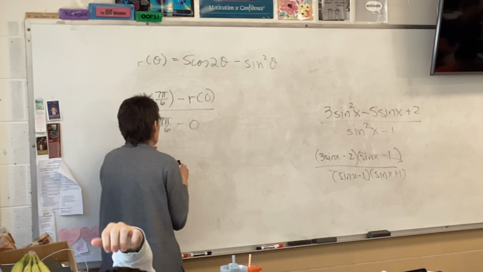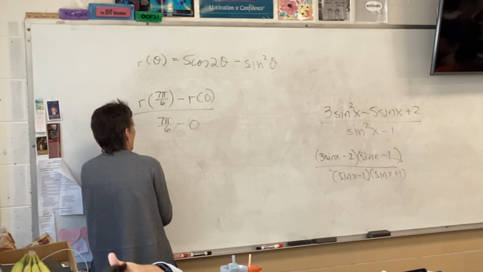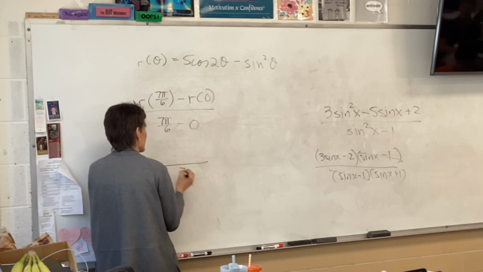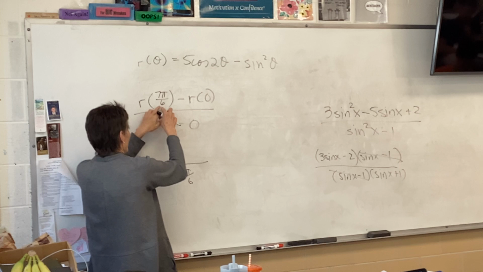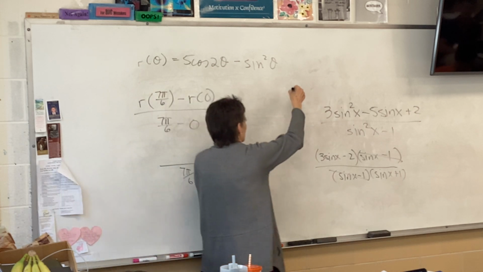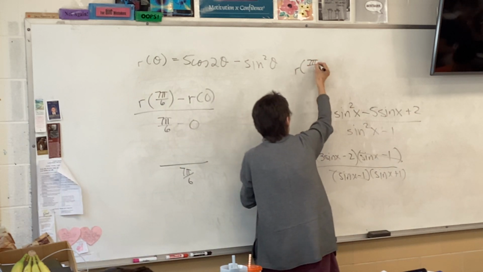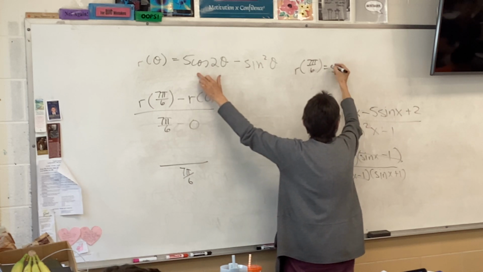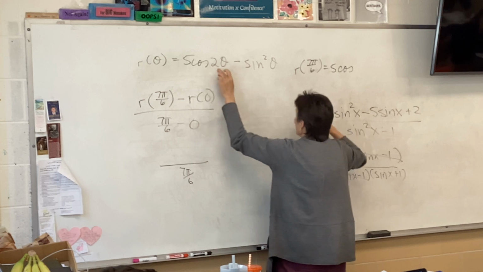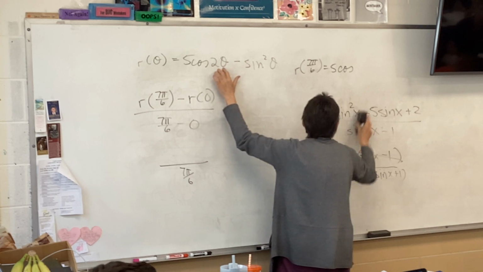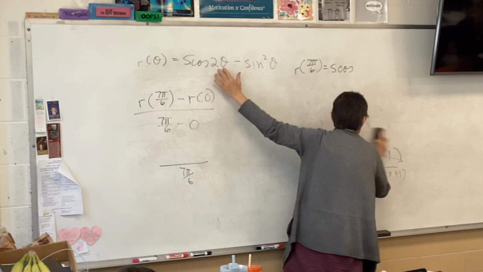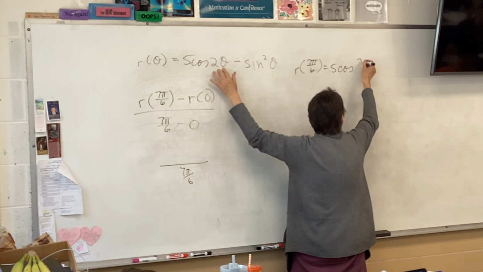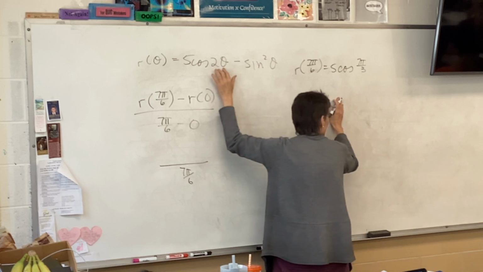Okay. Now, I have to figure out what these things are. I know my denominator is just going to be 7 pi over 6. But I need to find out what r of 7 pi over 6 is. So over here to the side, because it's too much to do in my head, I'm going to have 5 cosine. What's 2 times 7 pi over 6? 14 pi over 6, well, 7 pi over 3, right?